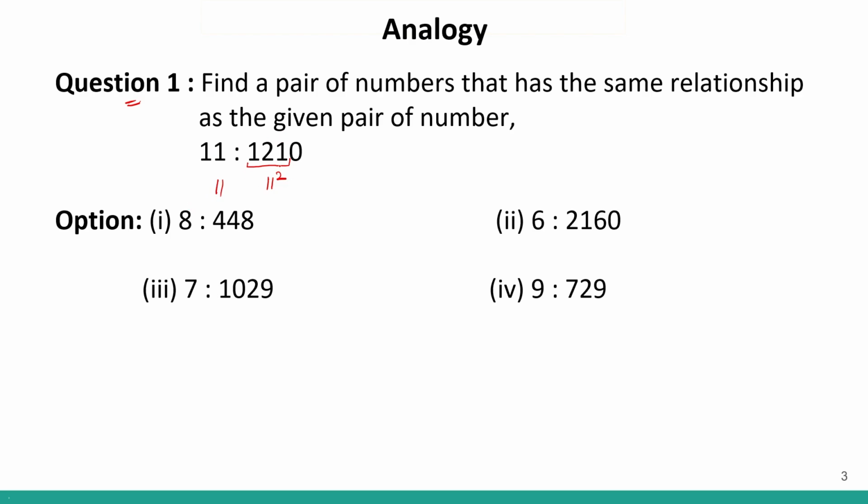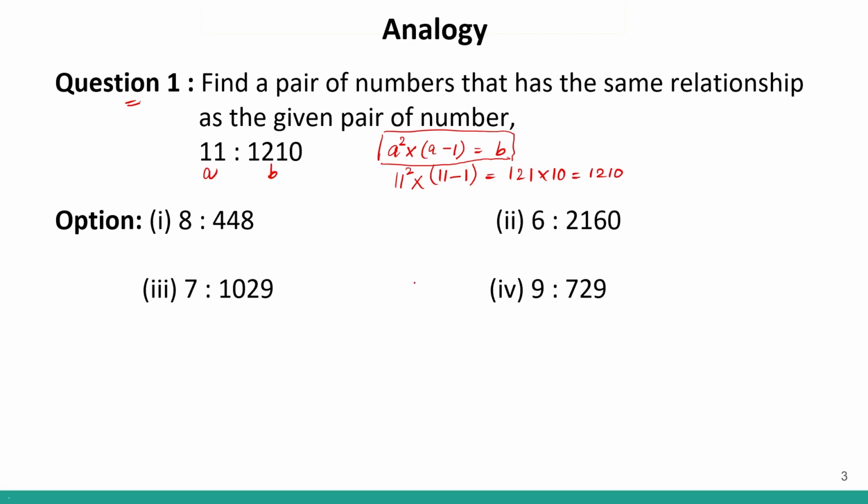Let's say this is A and this is B. So basically, A square into A minus 1 is giving me B. How? 11 square into 11 minus 1 will be 121 into 10, which gives 1210. This is the relationship: A square into A minus 1 equals B, where this is A and this is B.